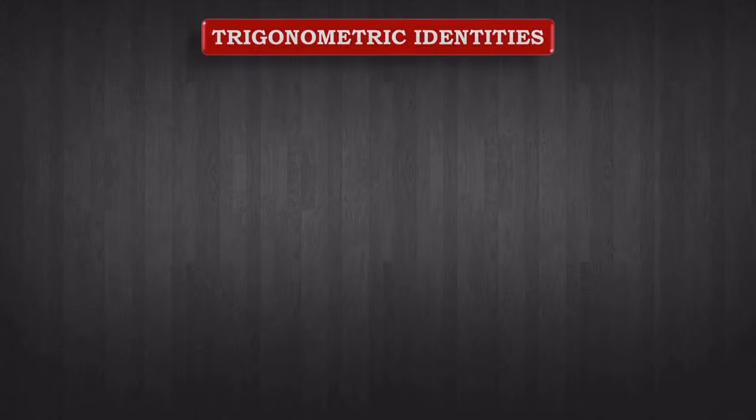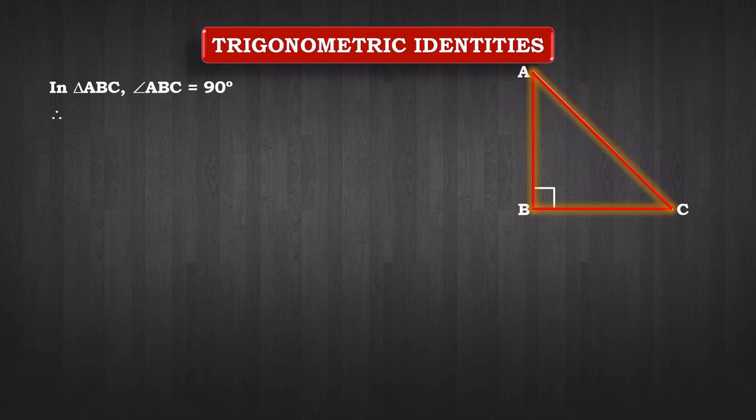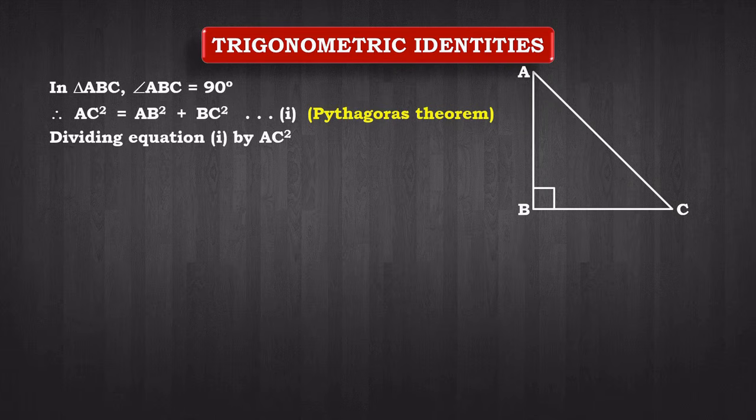Now, let us understand the first trigonometric identity. Consider a right triangle ABC, where angle ABC is 90 degrees and angle C is theta. According to the Pythagoras theorem, AC squared is equal to AB squared plus BC squared. Now divide the entire equation by AC squared.